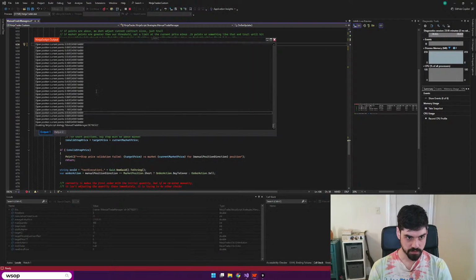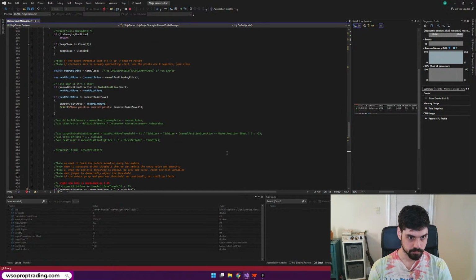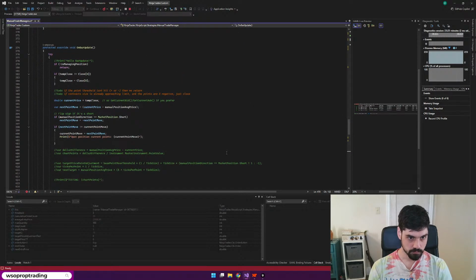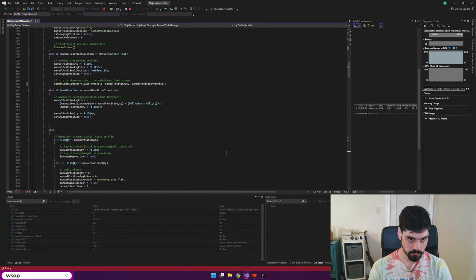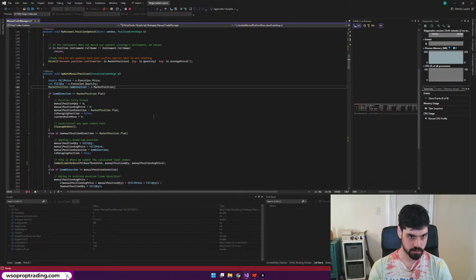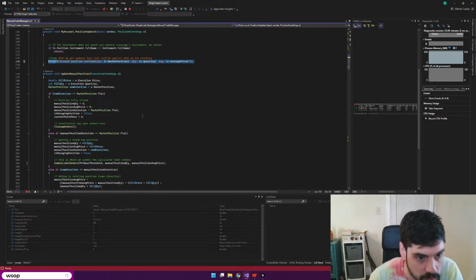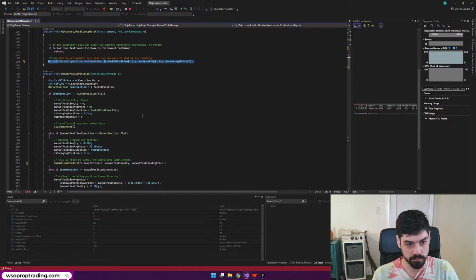What were all the prints coming out? Open position, current points. I gotta put some prints in here because this is really where things are having an issue, it seems.